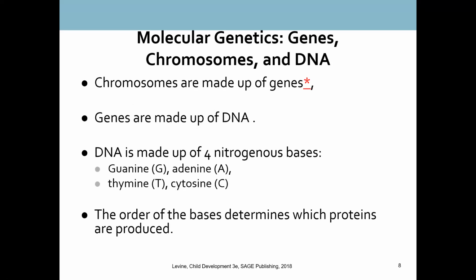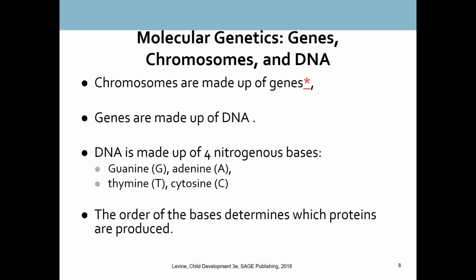Your 23 pairs of chromosomes are made up of genes. We have 23 pairs and somewhere between 20 to 25,000 genes. So on average, a pair of chromosomes has somewhere in the neighborhood of about 1,000 genes.